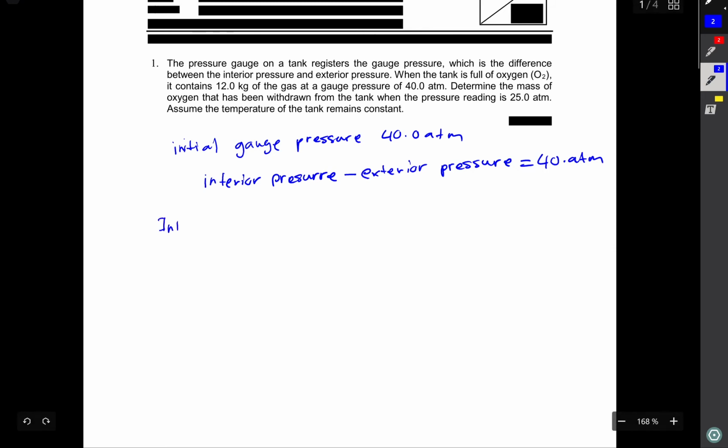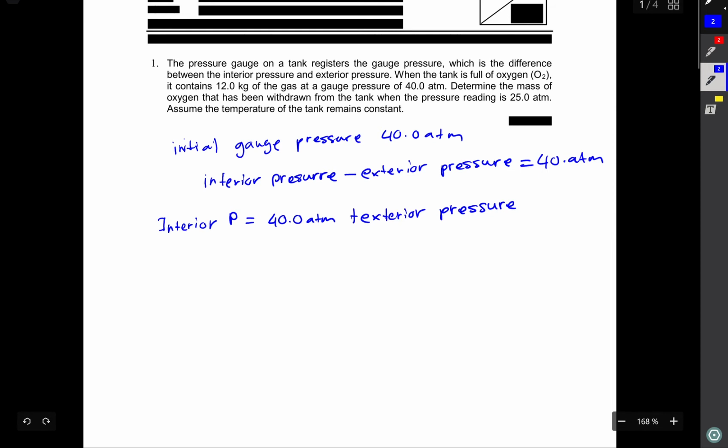So the interior pressure is equivalent to 40 atm plus the exterior pressure. So what is the exterior pressure? The exterior pressure is the pressure at which the gauge will read zero. In such a way, if the interior pressure is equivalent to the exterior pressure, then the gauge will register zero pressure. So this 40 atm is not the absolute pressure.